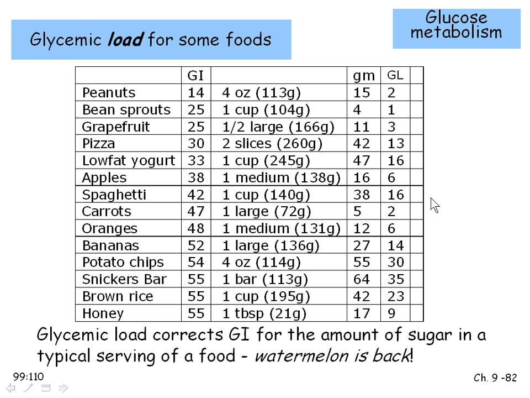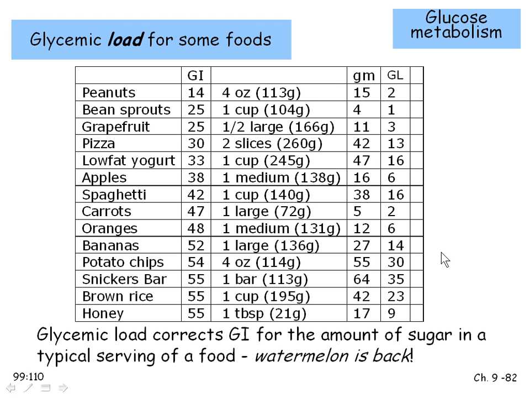Spaghetti, medium. Something between 10 and 20 would be considered a moderate glycemic load. Pizza actually is in there with the moderate glycemic load, because there's a lot of stuff in pizza besides the starch. Bananas are moderate glycemic loads, so their sugar content and their availability is substantially higher than things like oranges or apples or grapefruits.